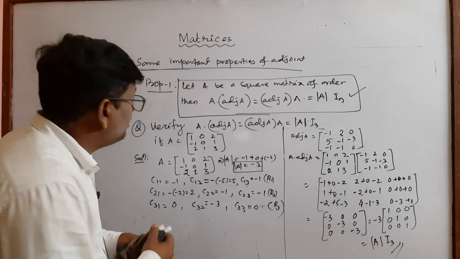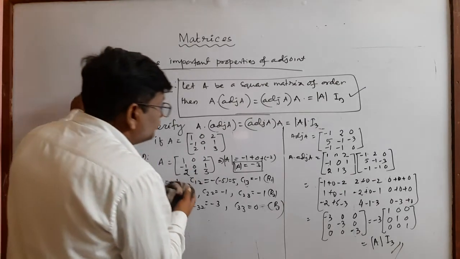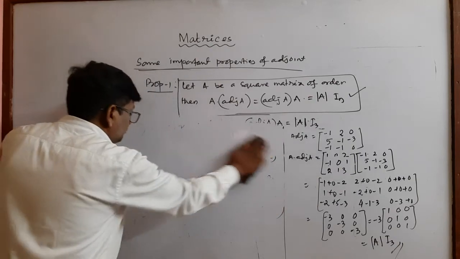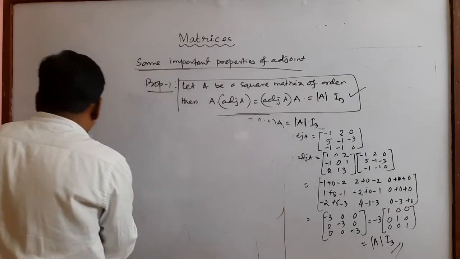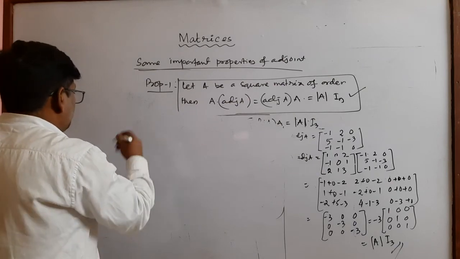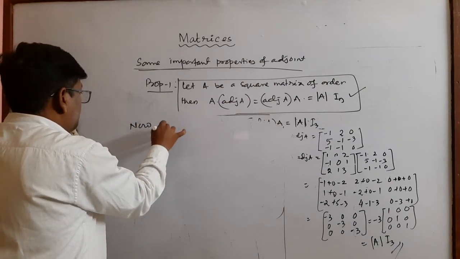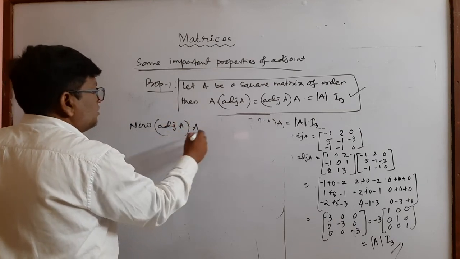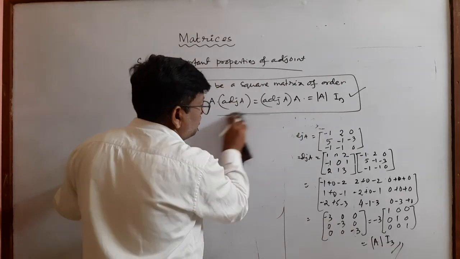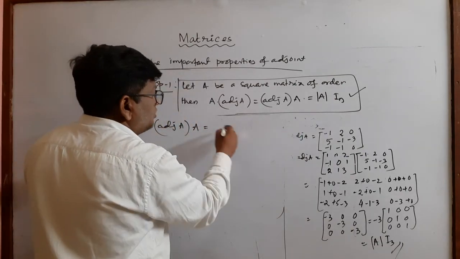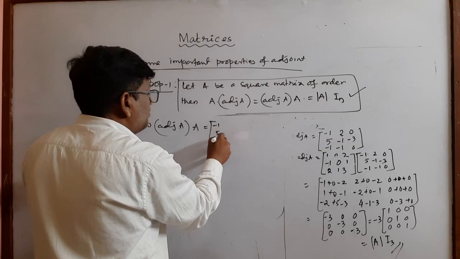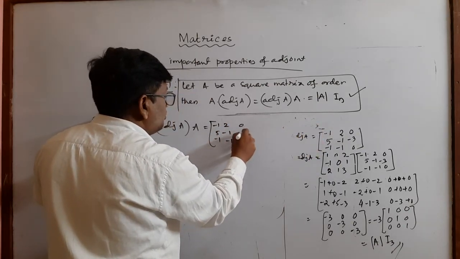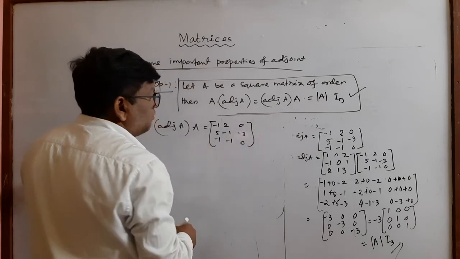Now adjoint A into A. So this is equal to adjoint A, which is minus 1, 5, minus 1, and 2, minus 1, minus 1, 0, minus 3, 0 into A. What is A here?